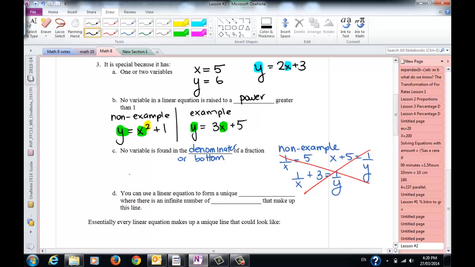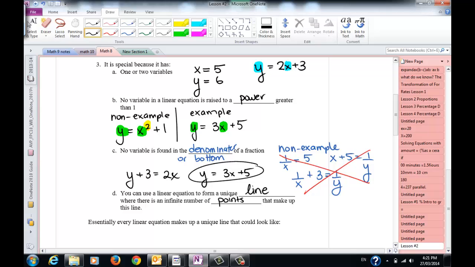Again, for linear equations, we'll have something like y plus 3 equals 2x. Maybe you'll have y equals 3x plus 5. That's another example. And linear equations are used to form a unique line. And the line has an infinite number of points that actually make this up.